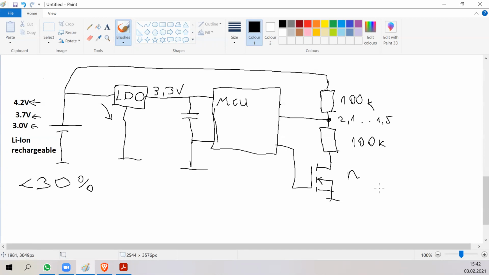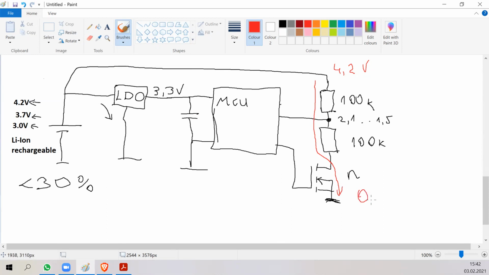So with this N-channel transistor, many people do this, but it is a mistake. When the transistor is on, here is 4.2 volts, and the current flows through the resistors and the transistor. The transistor is like a switch.